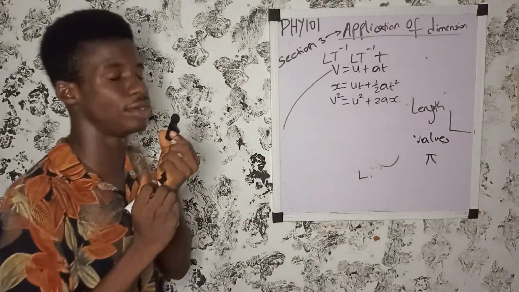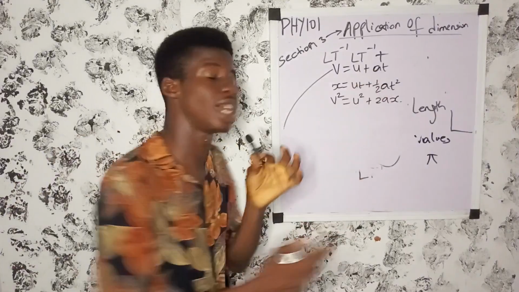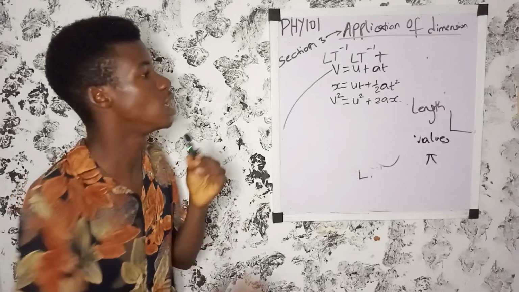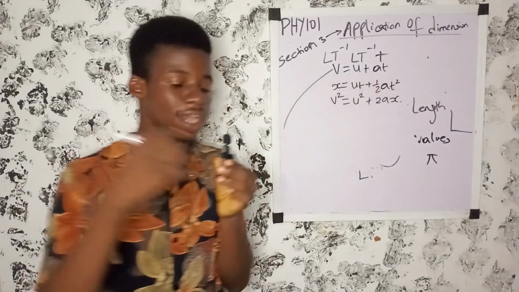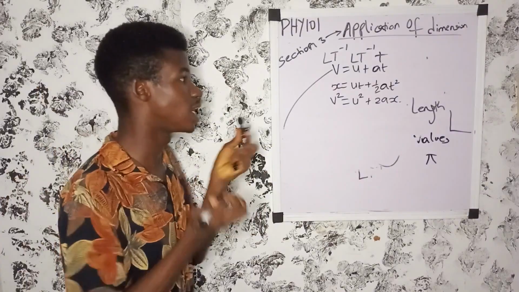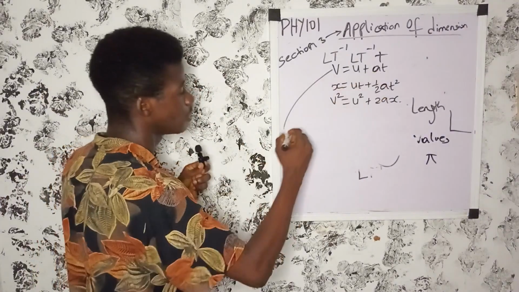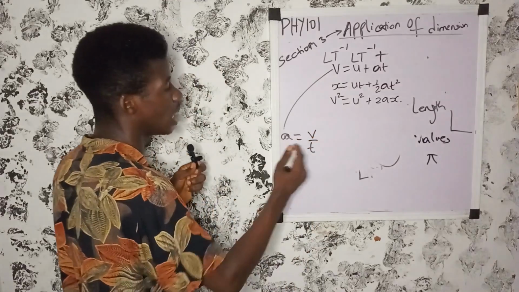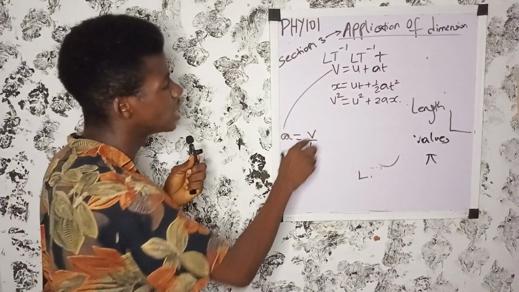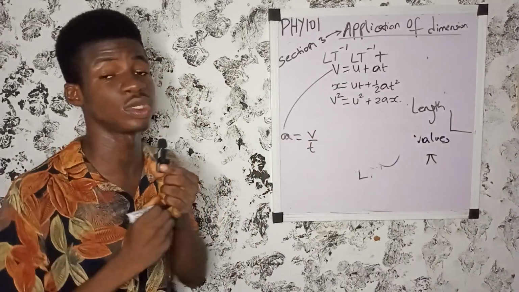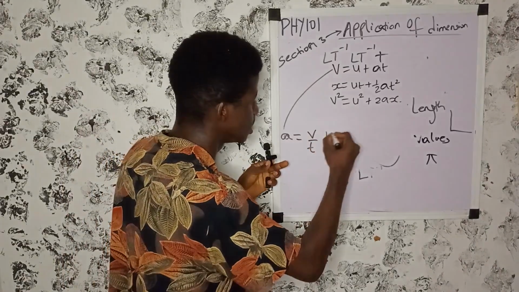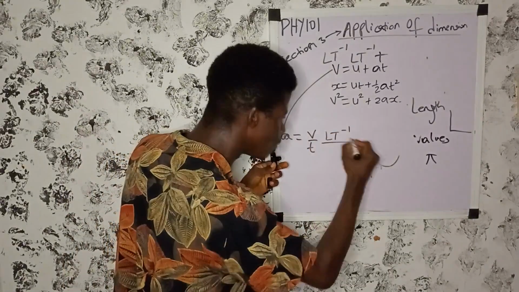Now what about acceleration? I told you that if you want to look for the dimension of a quantity, you need to know the formula of that quantity first. What is the formula for acceleration? Acceleration is velocity over time. Now, what is the dimension of velocity? The dimension of velocity is LT raised to the power minus 1, then over.